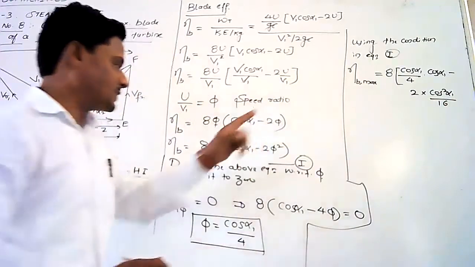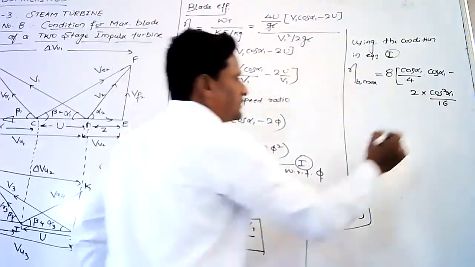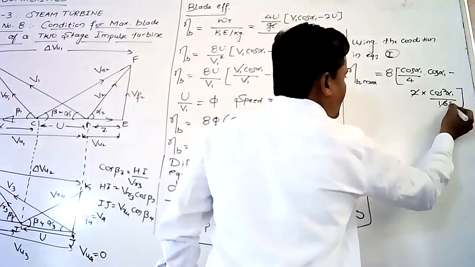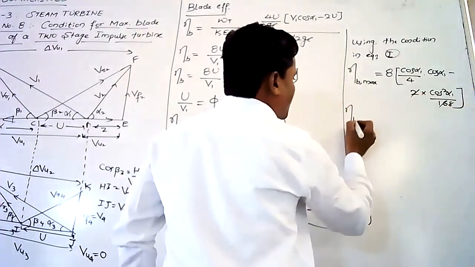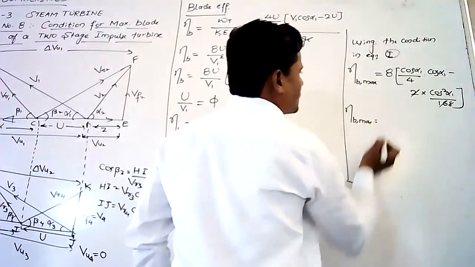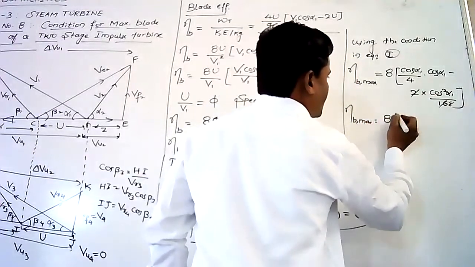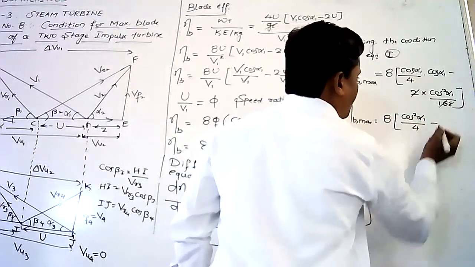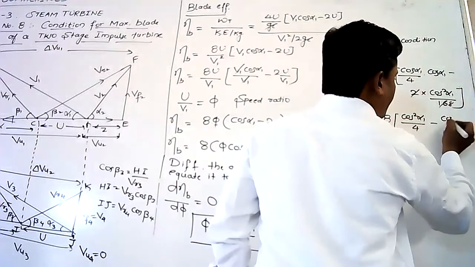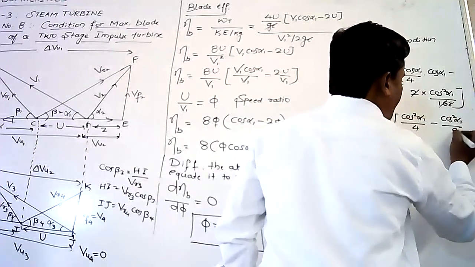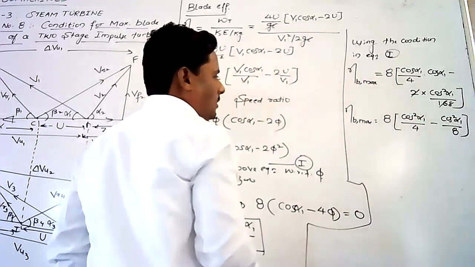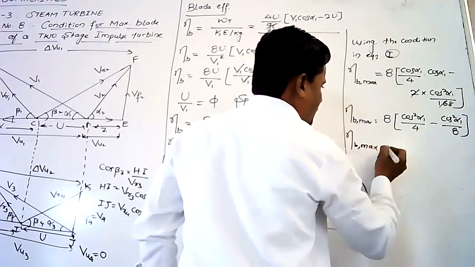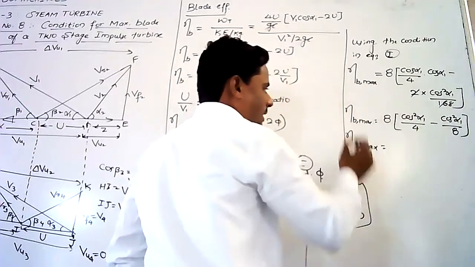Upon further simplification, eta B max is equal to 8 as it is, into cos square alpha 1 by 4 minus cos square alpha 1 by 8. So for the maximum blade efficiency, just open the bracket and multiply this.